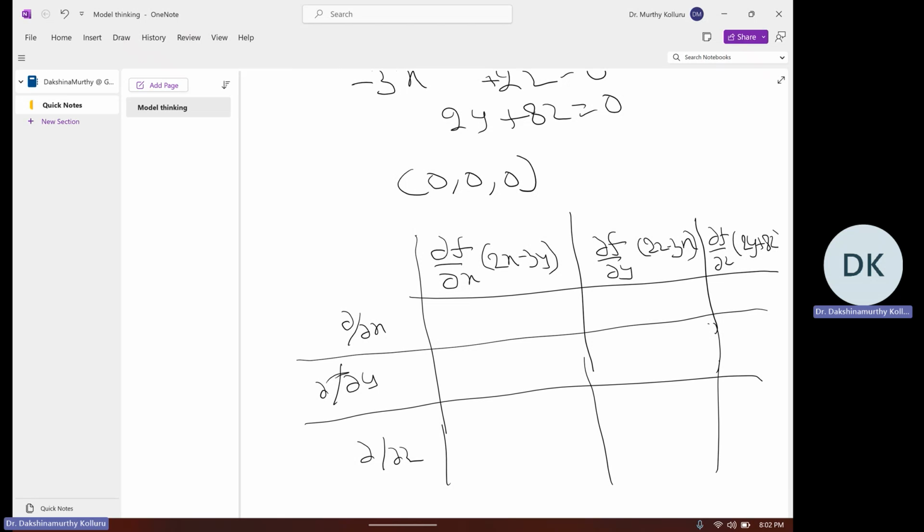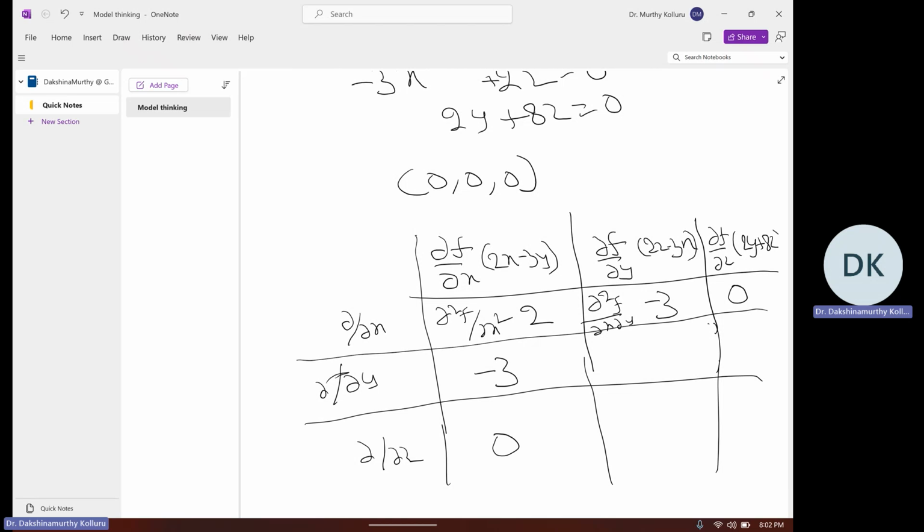So dou square f by dou x square is 2, dou square f by dou x dou y is minus 3, and this becomes 0. So symmetric, this becomes minus 3.